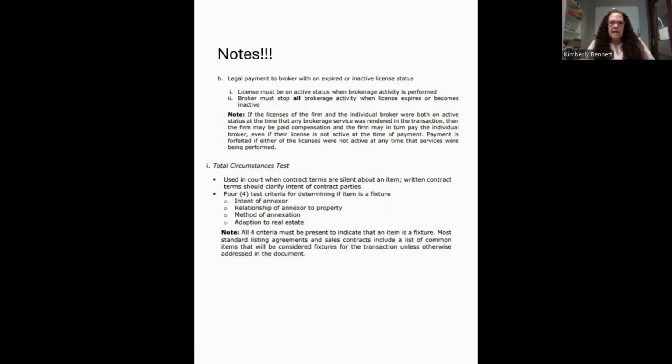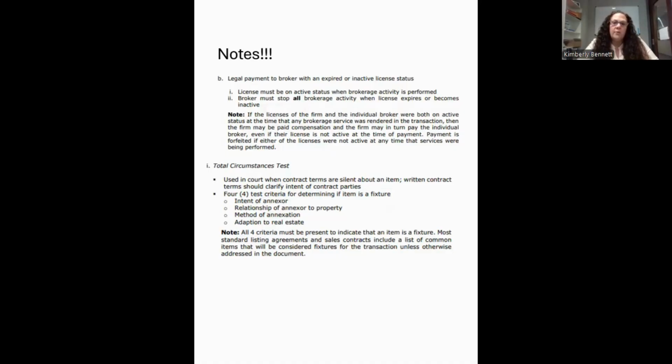So your firm has to be active. You have to be active. If you're with a sole proprietor, they need to be active. The broker in charge needs to be active. They have to pay you with an active license. Okay, there's a little bit more to that that you get into in class.